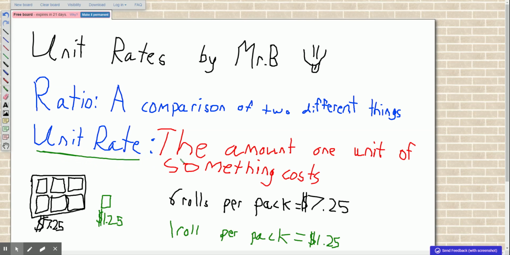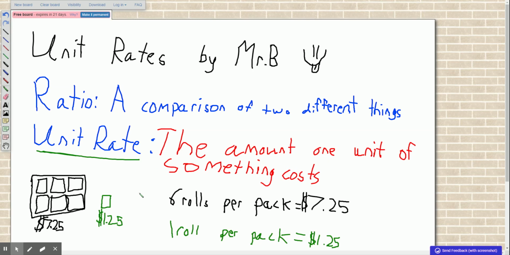And our definition for unit rate is very simply the amount that 1 unit of something costs. So if you were buying a packet of 100 items, and that costed you $138, and you wanted to figure out the amount that one item would cost you out of that pack, that would be your unit rate.